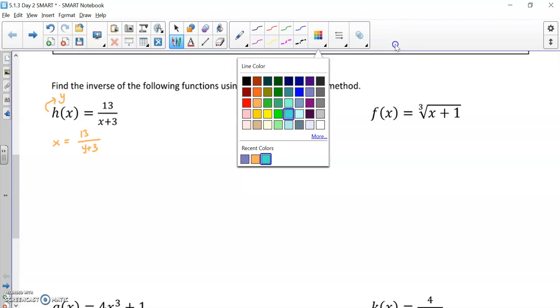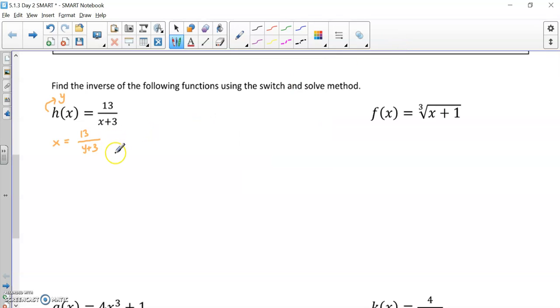Once I do that, the next step, and this is always going to be your next step for this style of problem where the x is in the denominator, is to multiply both sides by whatever is on the bottom of a fraction. The reason is that we want to get rid of this fraction, because otherwise the y is just trapped down there and we can't free it. Our goal is to get y by itself, and we can't do that until it's out of this fraction.